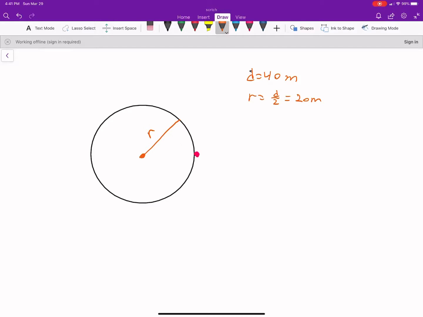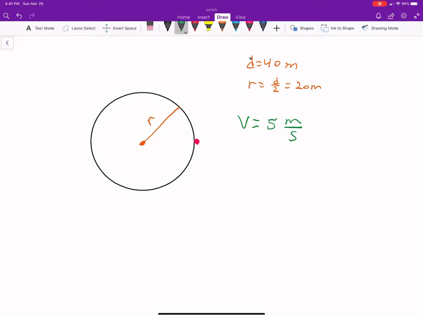Okay? Now, you run with a constant velocity of 5 meters per second, and you've done 6 laps.